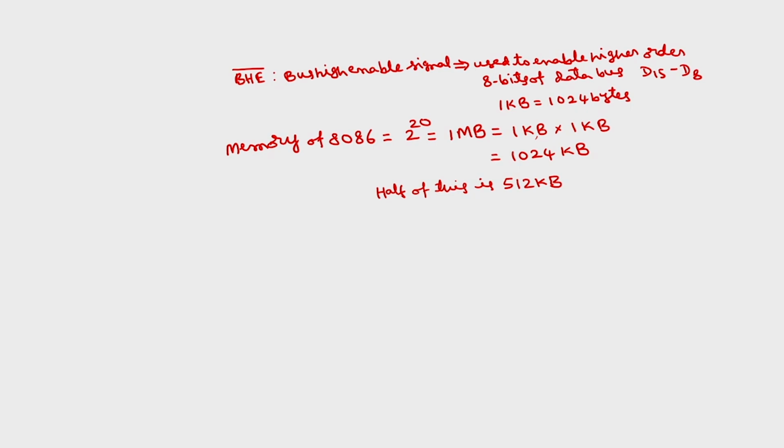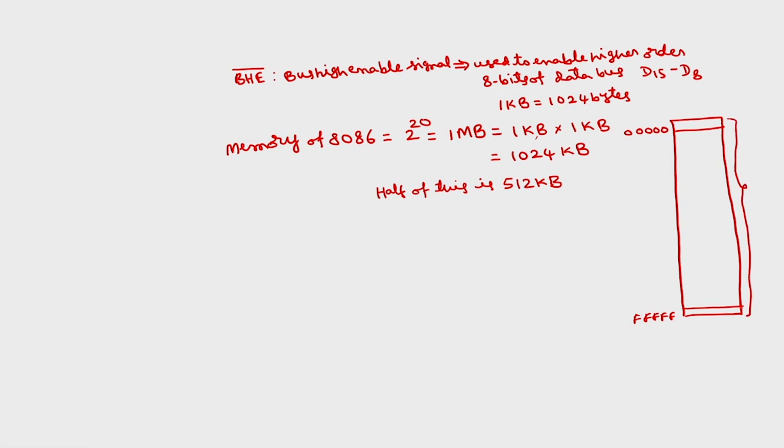We have a 20-bit address line. The starting and ending address of this will be FFFFFH and 0000H. So this is the total 1 megabyte memory, which is 1024 kilobytes.